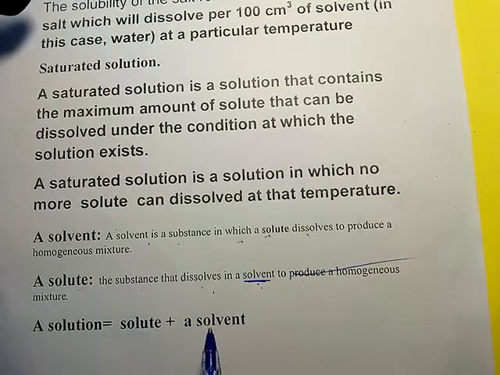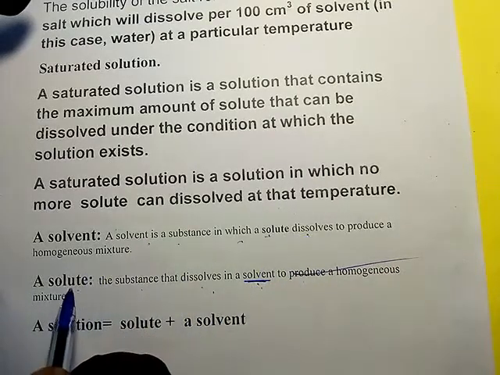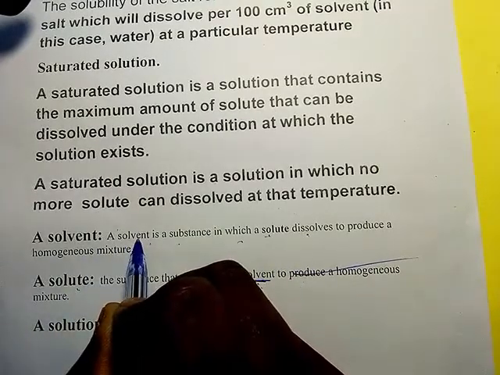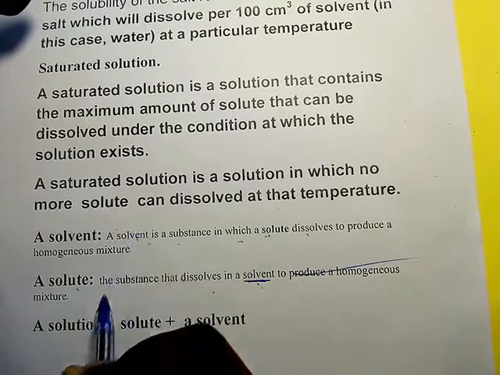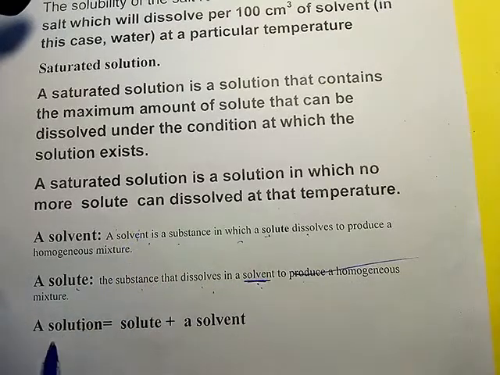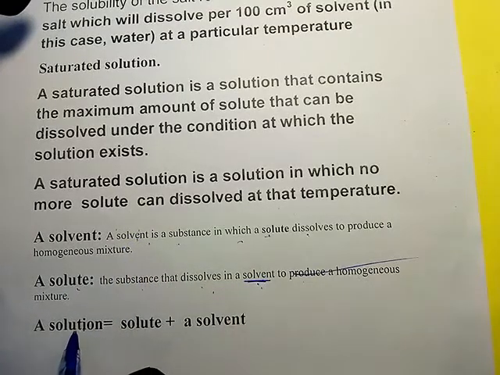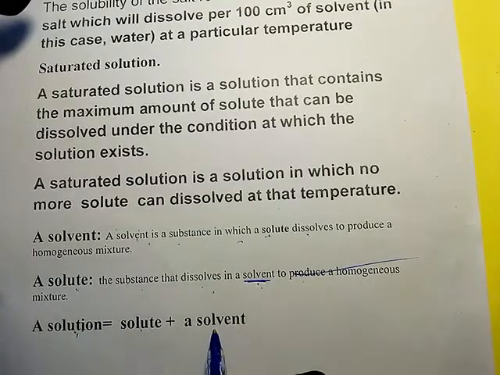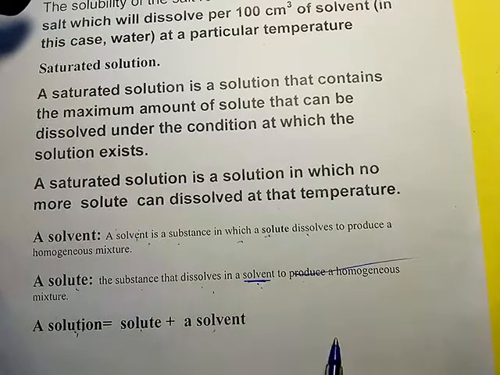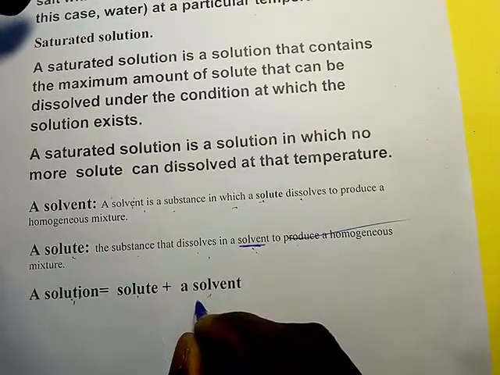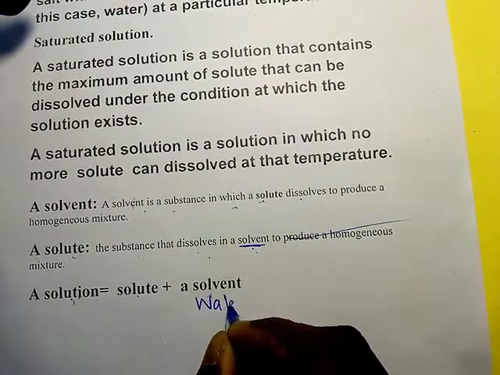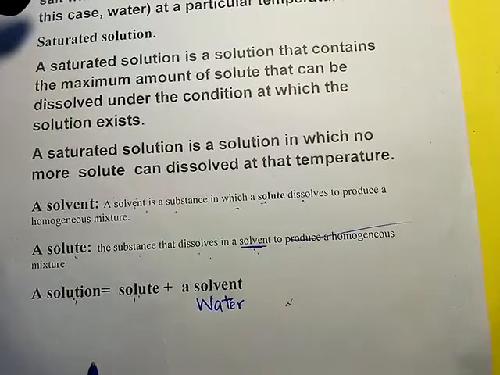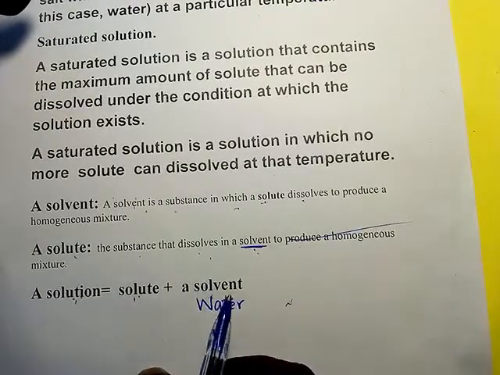That is very correct. So when a solute dissolves in a solvent, the product is a solution. So what is a solution? A solution must contain a solute plus a solvent. Let me take an example of a solvent, water. This is the common solvent we are using. Solutes, we have so many solutes.